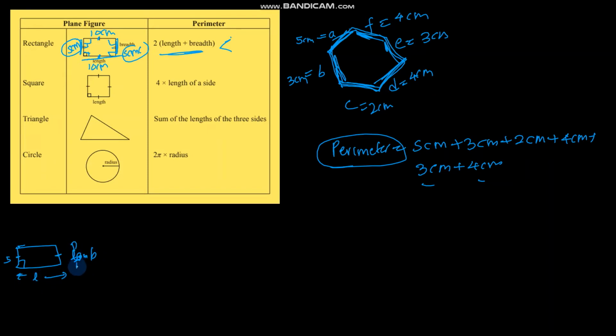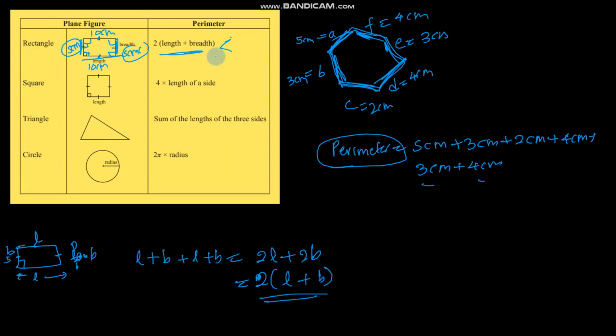So this is B, this is L. The total perimeter, since this is equivalent to this in here, this is L, and this is equivalent to this B, is L plus B plus L plus B. That is equivalent to 2L plus 2B. So 2 is a common factor in here, so we take that 2 out and put the brackets.